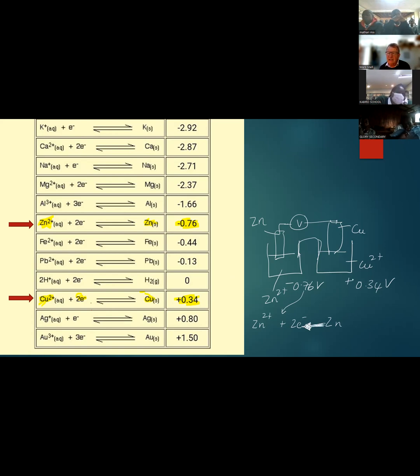And this one, because it is positive, goes Cu2+ plus 2 electrons, and it does go in that direction. In other words, the more positive one goes left to right, and the more negative one goes right to left. Okay?